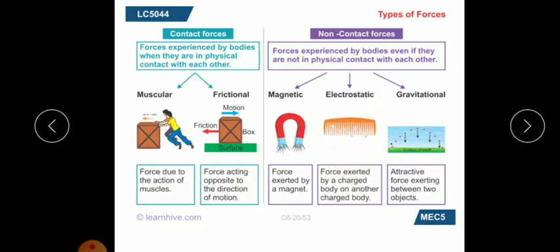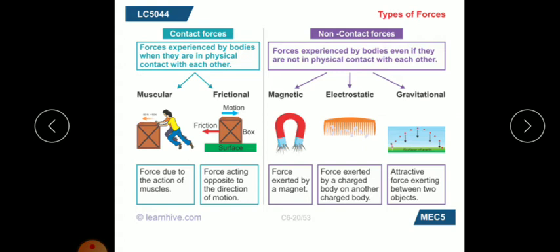Without touching this paper, this charged comb can exert electrostatic force on these papers. So without any contact, it is able to exert electrostatic force on these papers. That is why it is a non-contact force.